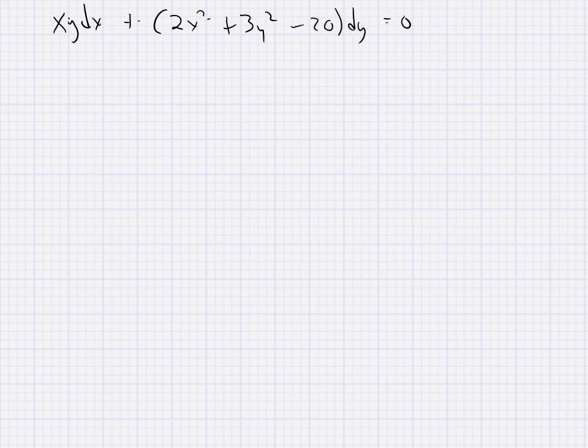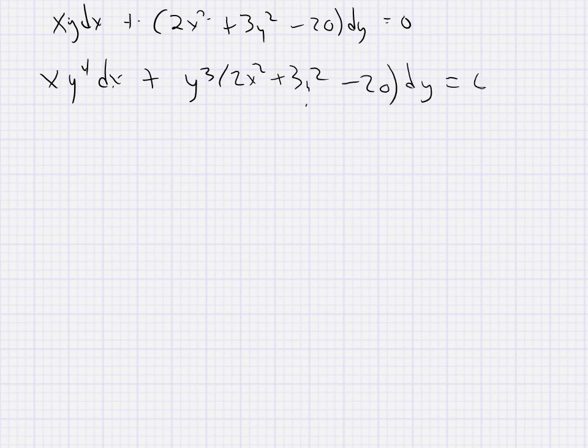If we look at the differential equation again, xy dx plus (2x squared plus 3y squared minus 20) dy equals 0, and we multiply through by y cubed, that would give us xy to the 4th dx, plus y cubed times (2x squared plus 3y squared minus 20) dy equals 0.